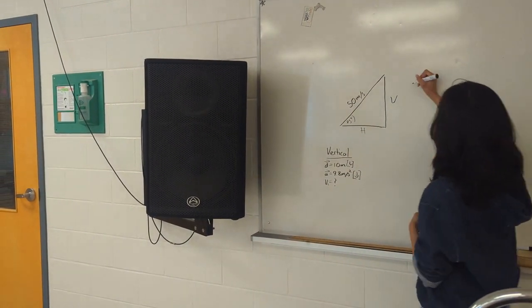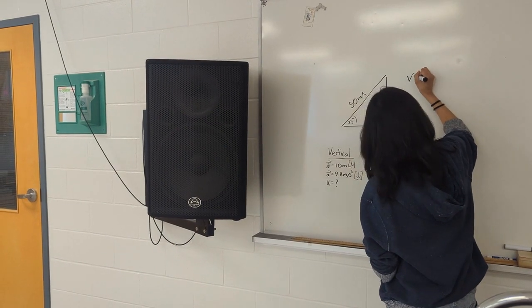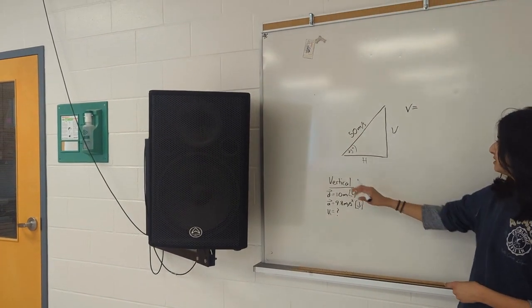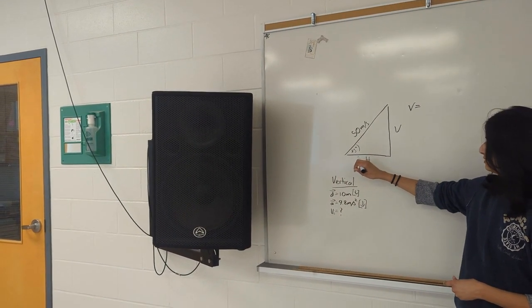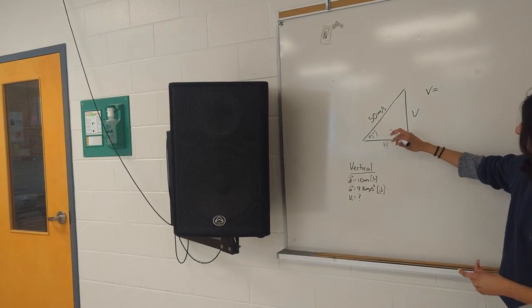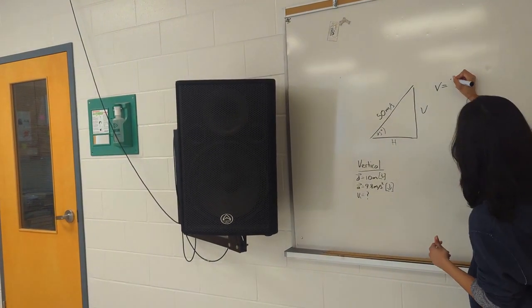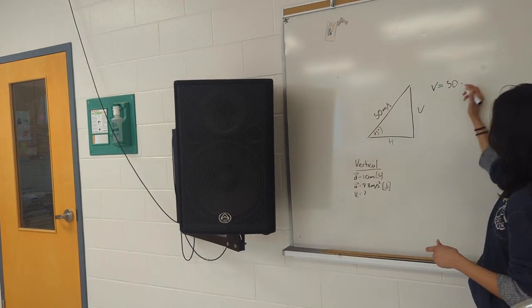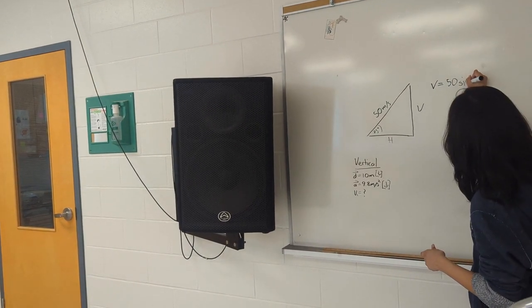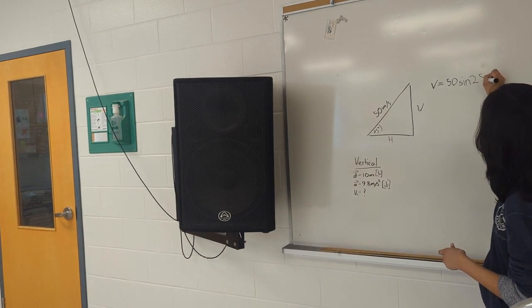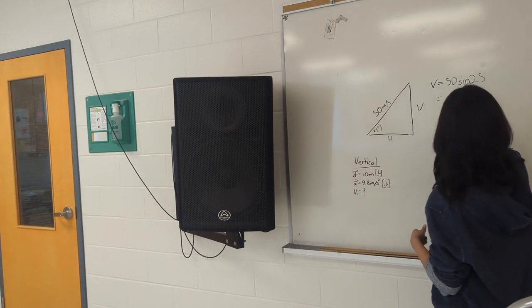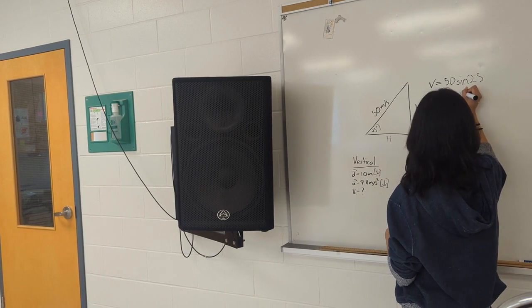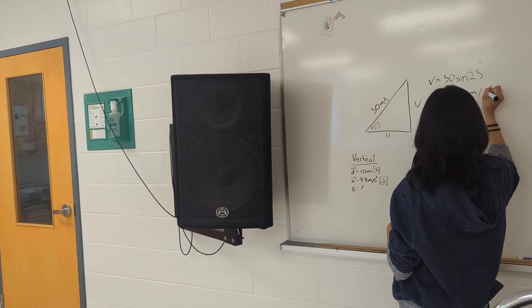So vertical velocity should be, since we have the angle of 25 degrees going 50 meters per second, opposite over hypotenuse, sine 25, which equals 21.13 meters per second.